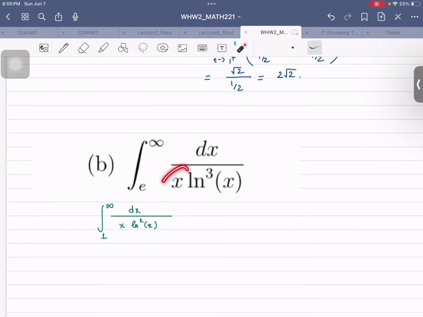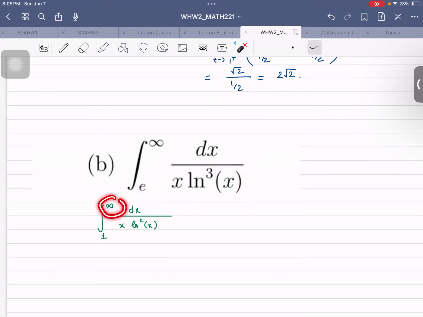The next one, you have to be careful. You have to pay attention to the vertical asymptote of your function. Over here, the vertical asymptote of your function is x equal to 0. But the interval of your integration does not contain x equal to 0.